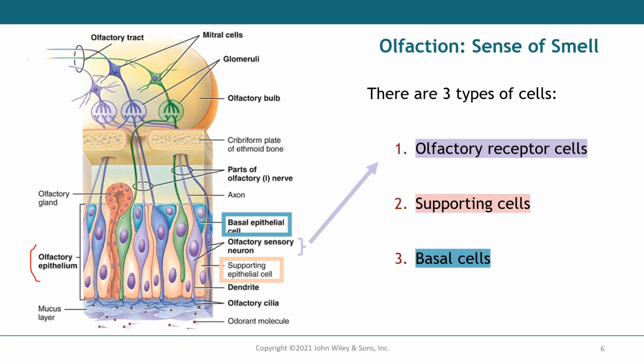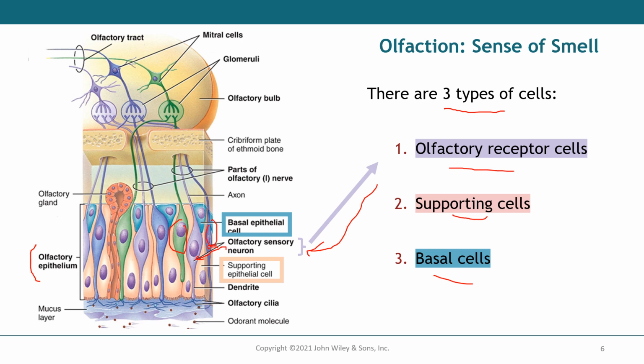Right now, I'm going to focus on three main cell types: the olfactory receptor cells, the supporting cells, and the basal cells. The first one, the olfactory receptor cells, are the ones you can see here in purple. You can also see them in green, or in blue.